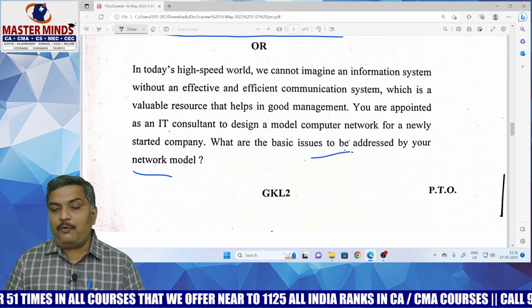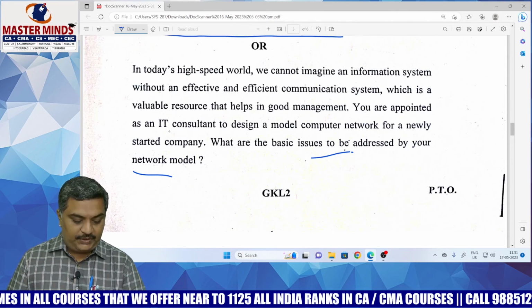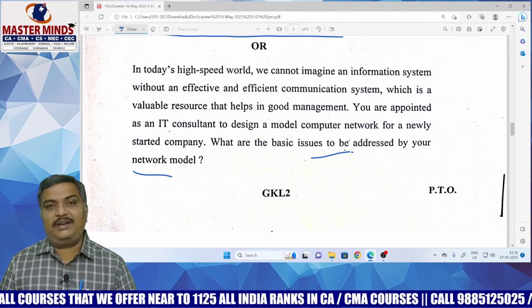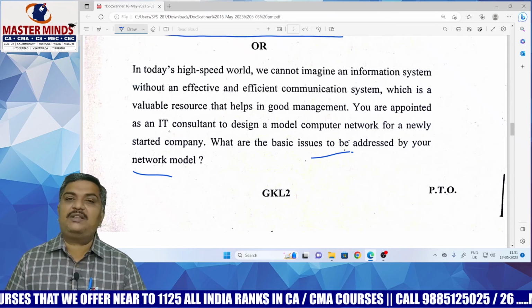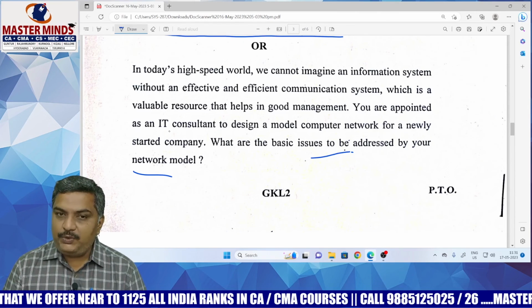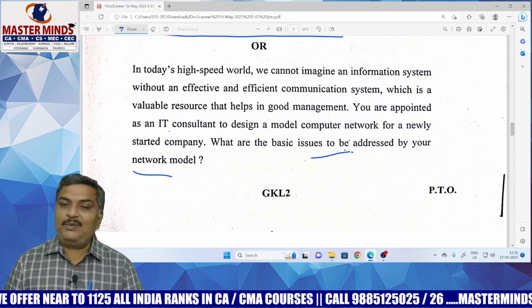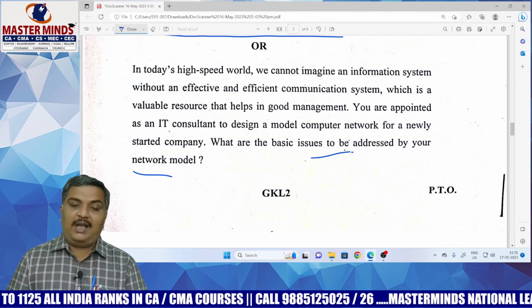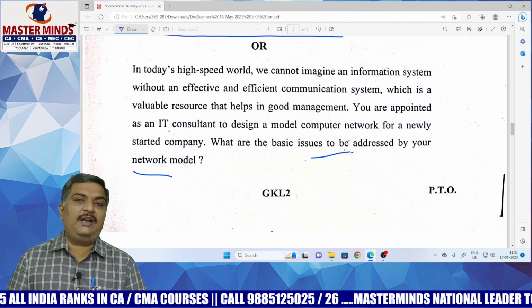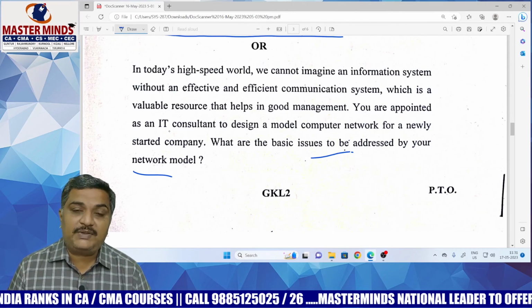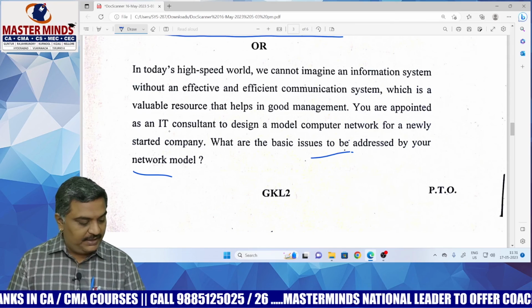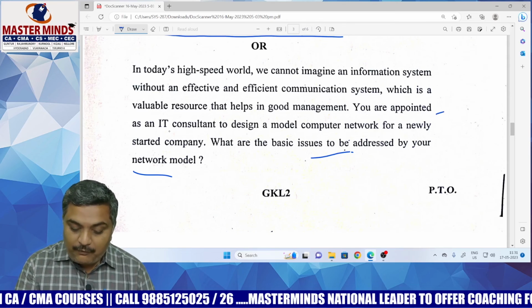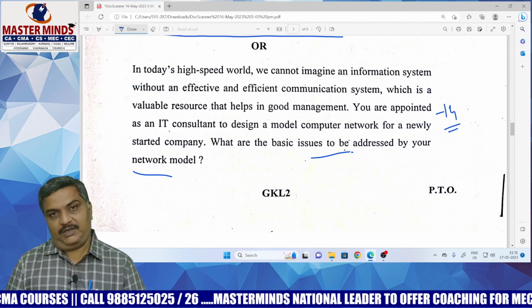So these are the four network issues: routing, bandwidth, contention, and resilience. These are the four things you need to pay attention to while designing a network model for an information system. And this question you can find in the components of information system lesson in our masterminds material, and this is question number 14 in our material.